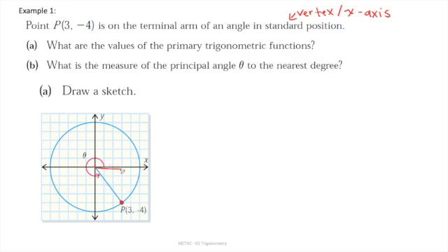If you were to draw your triangle, your x is 3 and your y is -4, and then you're going to be able to find your radius by using your Pythagorean theorem.